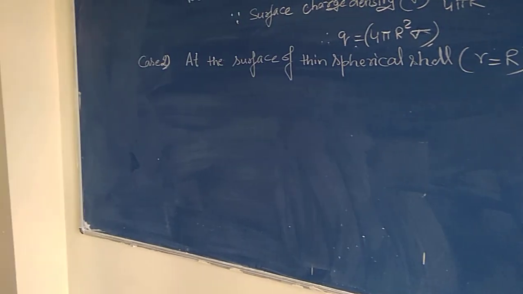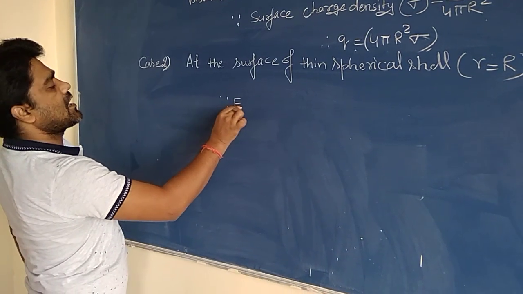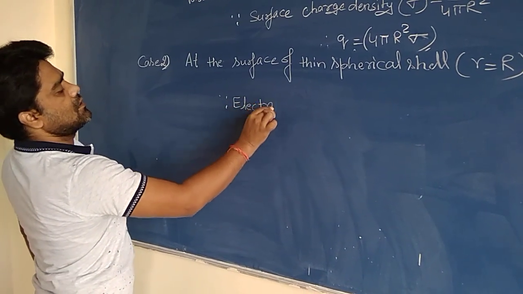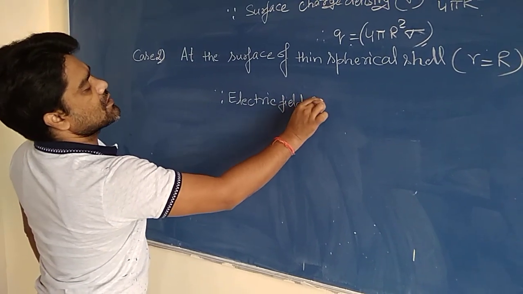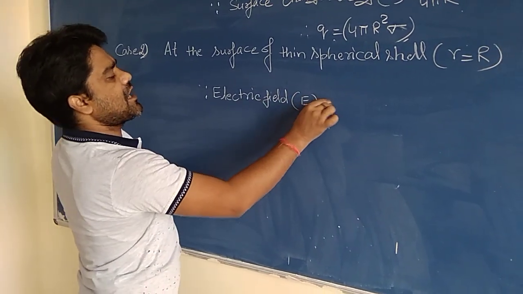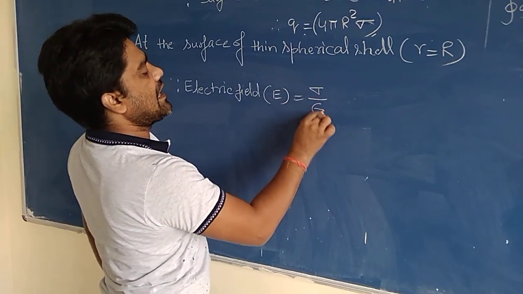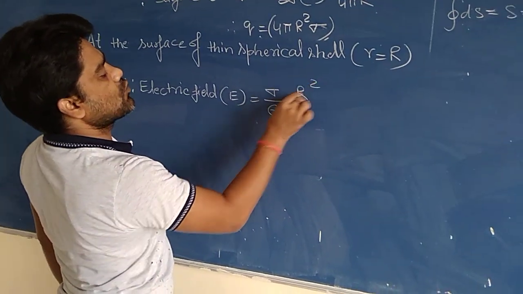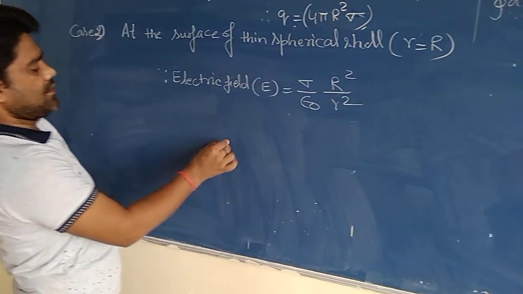Now look here, it is very simple. What is the electric field you got at point P? E equals sigma upon epsilon naught into capital R square upon small r square.